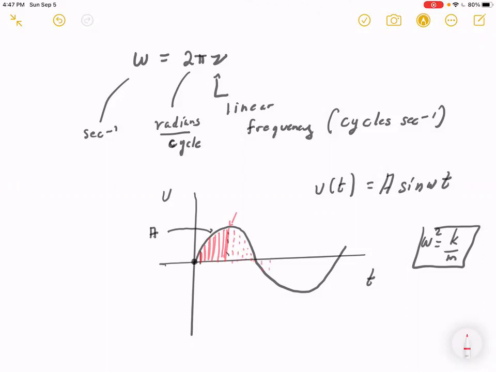It goes to the left of that equilibrium position. It reaches some maximum amplitude, A, which is the same as this. And then it starts heading back to the equilibrium position, and it just oscillates back and forth forever, since there's no friction in the problem. Hence, we have solved our simple harmonic oscillator problem.